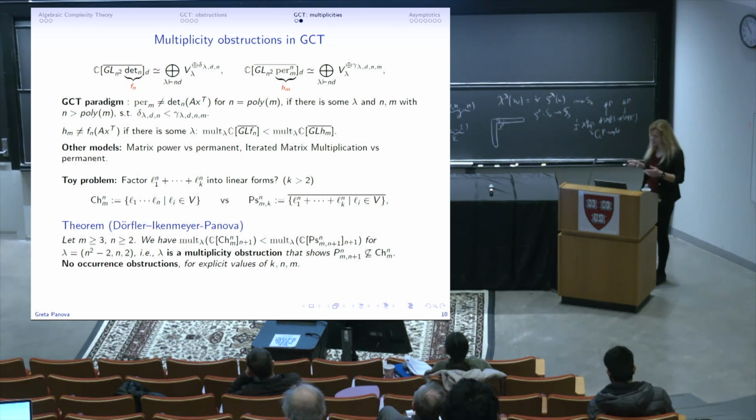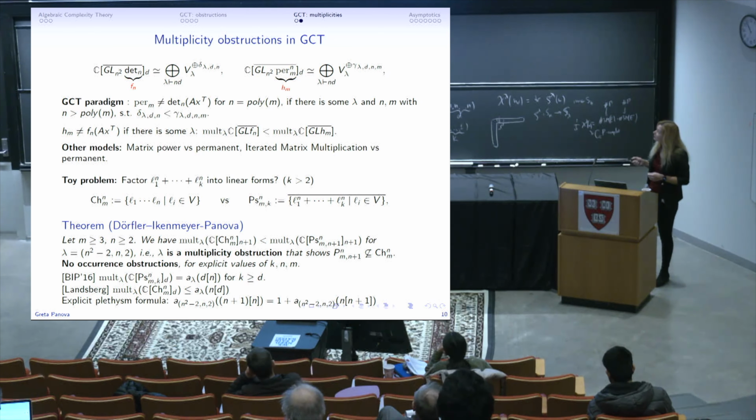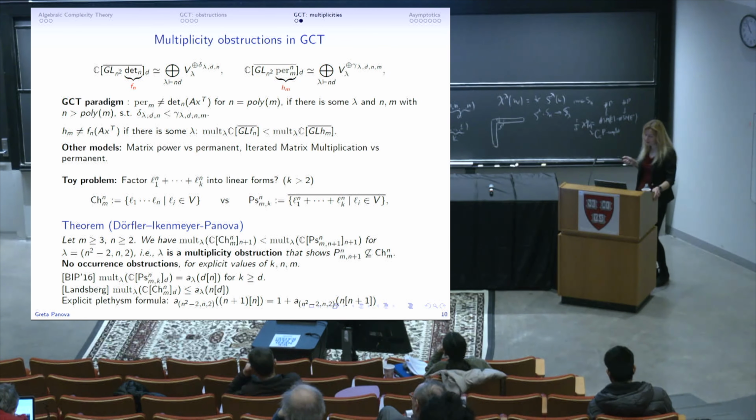So what the ingredients were here is that, first, we know what the multiplicity in here is, and this is something we needed for the multiplicity no occurrence obstruction result, is that this is just the plethysm coefficient that I had mentioned in the first part. Then we have some inequality for the Chow ring here, that this is less than or equal to the plethysm coefficient, but reversed.